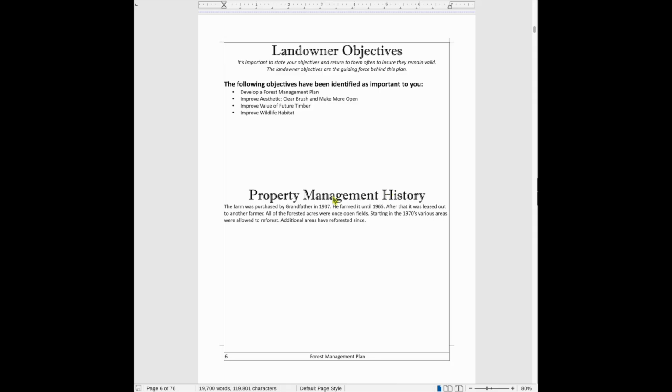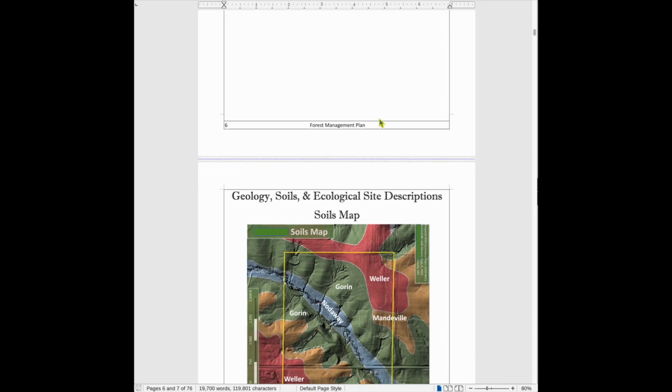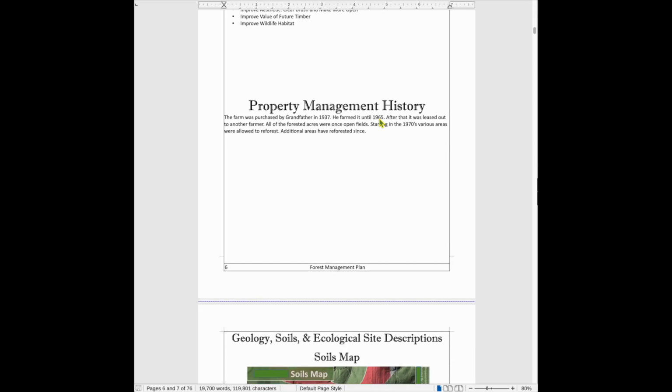And then here's a little history on the property that the landowner provided me. If there's been a history of timber sales that the client knows of, that's information that I need to know to go into the plan. Also, other information would be if you're doing other conservation programs through EQIP or maybe through the state conservation department.